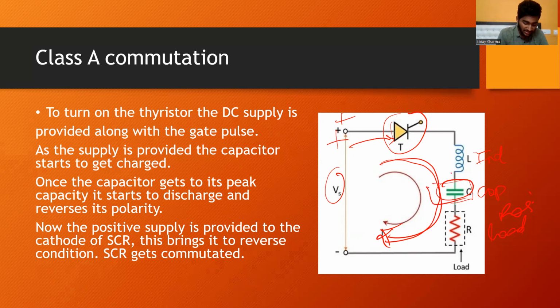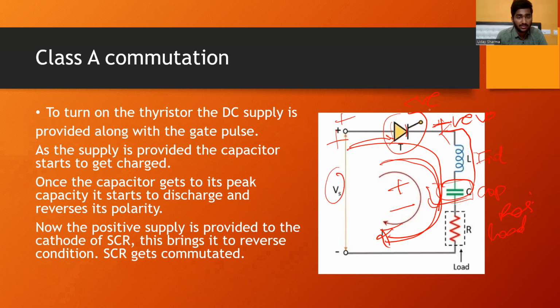So it discharges, as this is the natural path provided by the circuit. The capacitor gives a reverse voltage. It gives a positive voltage to the cathode of the thyristor. This puts the thyristor in reverse mode, which turns off the thyristor.